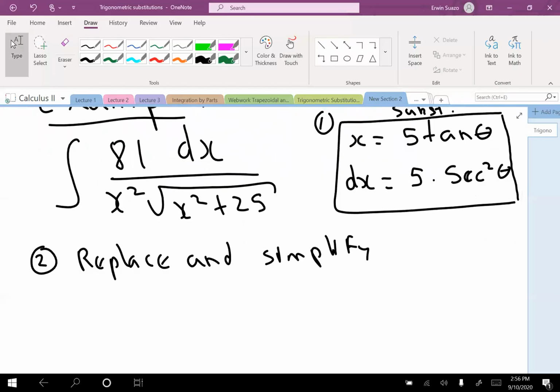Let's see how much time I have. Yeah, I think we can do this. So please go ahead and replace it, try to simplify, and tell me what you got. This is a very important step because you have to plug in and then use this formula over here.